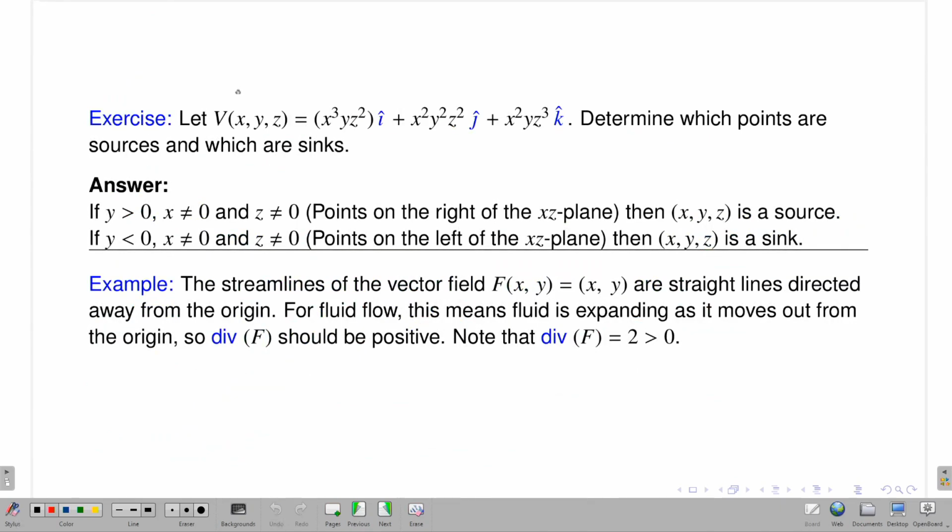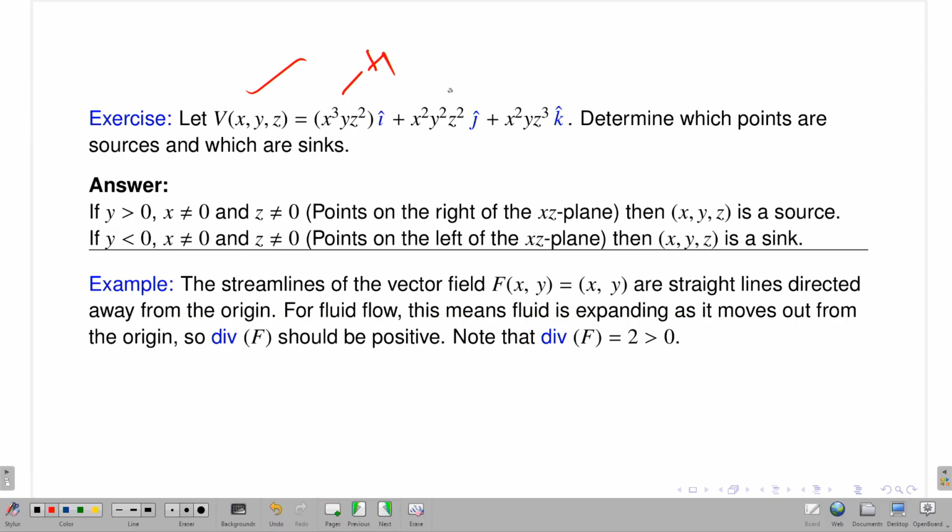For example, if I consider this vector field, I said, determine which points are sources and which points are sinks. That is kind of straightforward, you can do that. The vector field is given, and the corresponding components small f1, small f2, small f3 are also given.